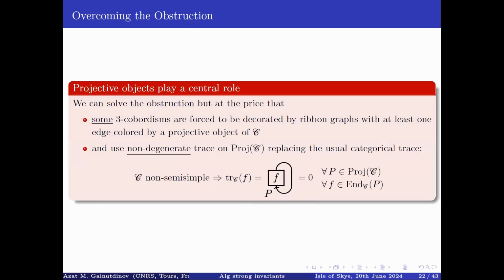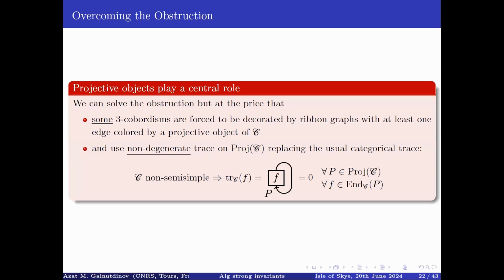But we can overcome this obstruction. It was done relatively recently. We can solve it, but at a price: some three-cobordisms are forced to be decorated by ribbon graphs with at least one edge colored by a projective object of C. So when C is not semi-simple, projective objects play a central role.